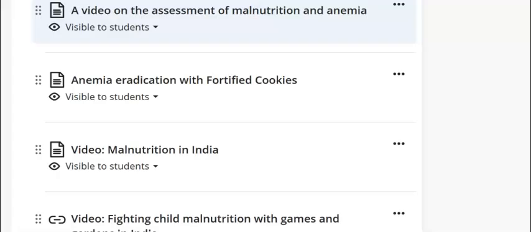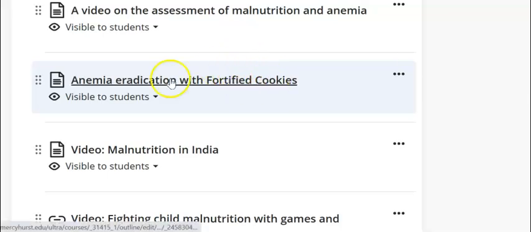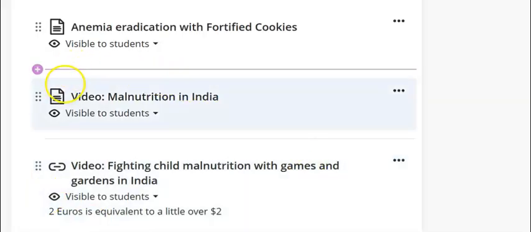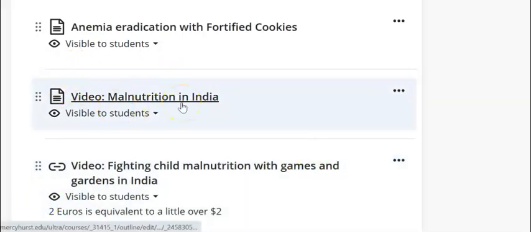Then there's an excellent article about how they used fortified cookies to eradicate anemia. And you're going to need to read this article as well for your discussion board. Then there are two videos about malnutrition in India.